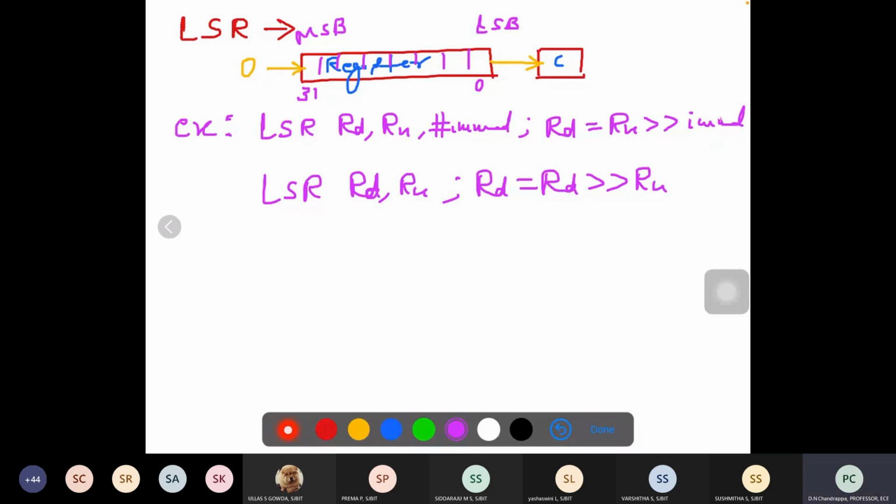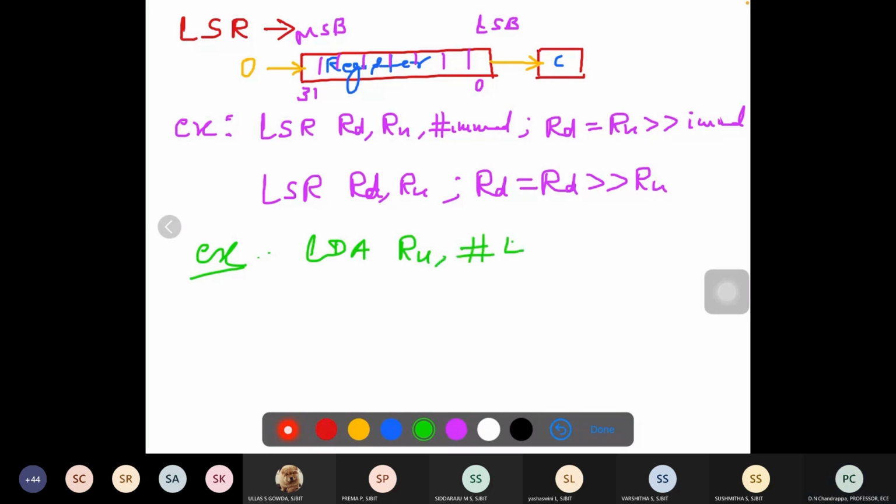If it is a 3 operand form like this, if it is 2 operand like this. So please don't confuse, this is RD. I'm not using a pen to write this because I'm using an iPad, I'm writing only with my finger.